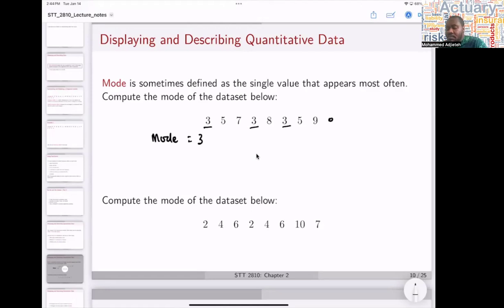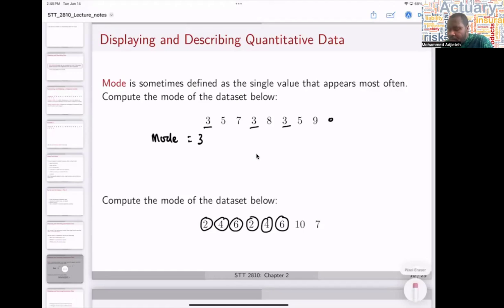Let's look at the second example. We want to compute the mode of this data set too. And so we can see here 2 appeared twice, 4 also appeared twice, 6 also appeared twice, whilst the 10 and the 7 appeared once.